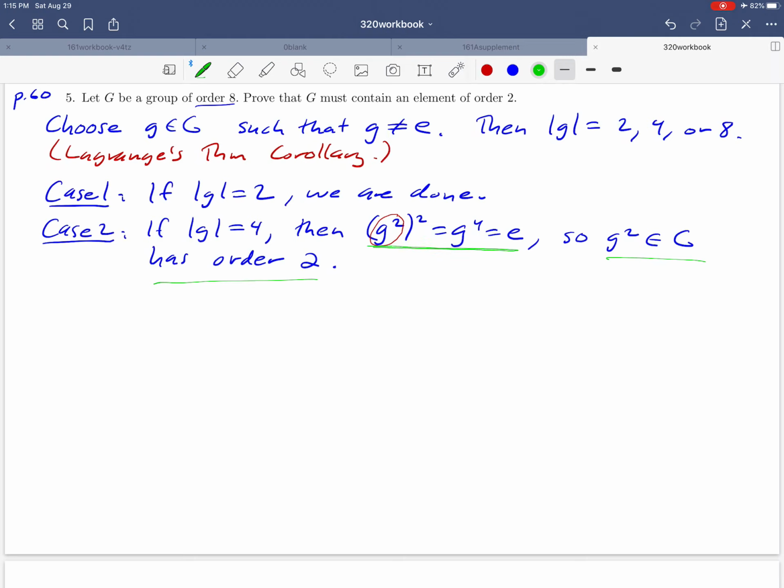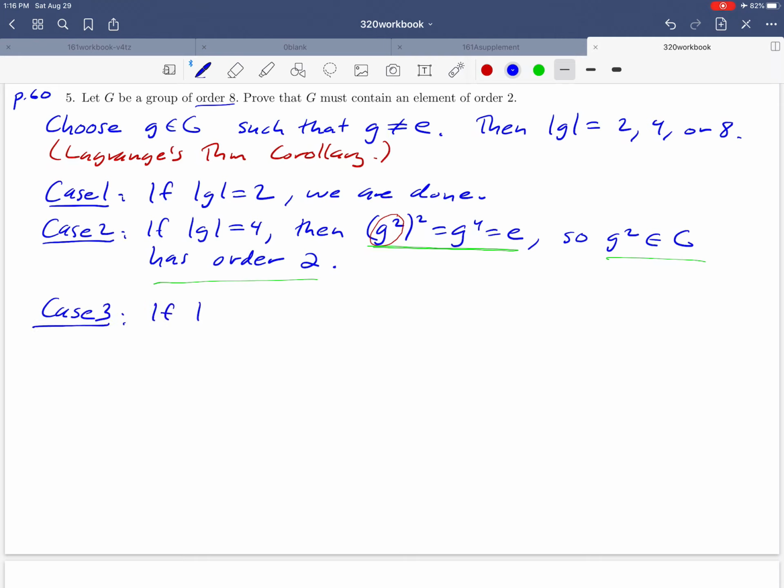Raising G squared to the 2nd power and getting the identity, all that really guarantees us is that the order of G squared is a divisor of 2. Okay, so I'm leaving it to you, the reader/listener, to figure out why we can really with confidence say that the order of G squared is 2 and not 1. I'm going to let you think about that, and move on to case 3 here.